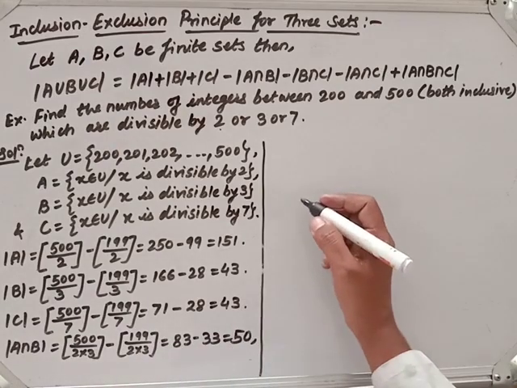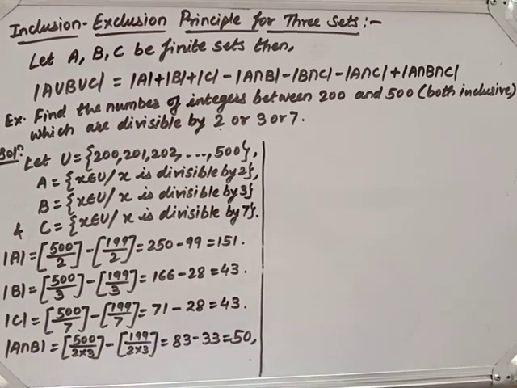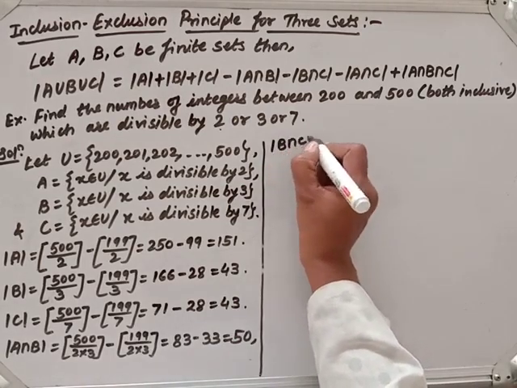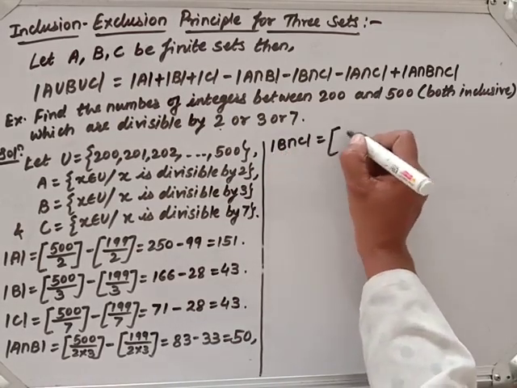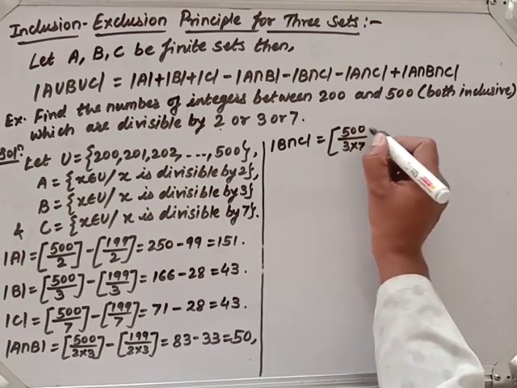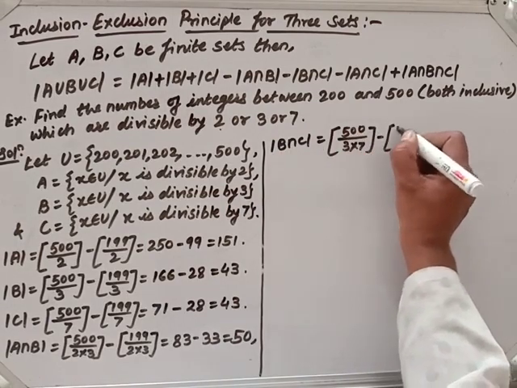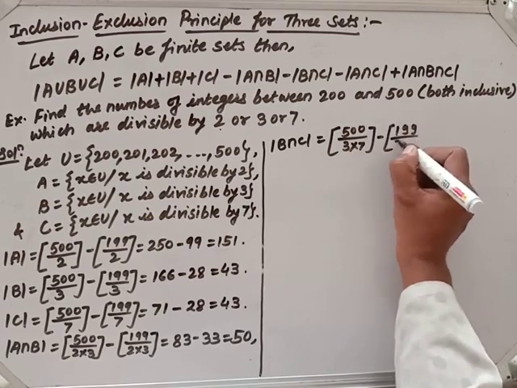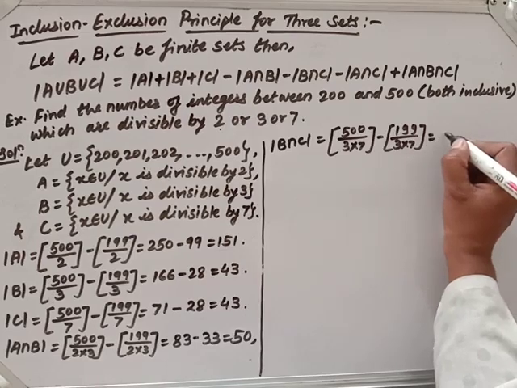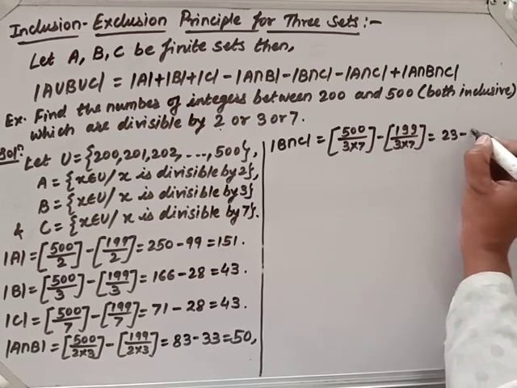Now intersection of B and C will be 500 upon 3 multiplied by 7 minus 199 upon 3 multiplied by 7. So that will be 23 minus 9. So it will be 14.